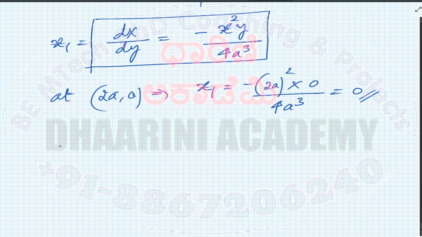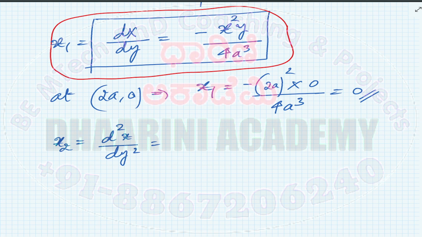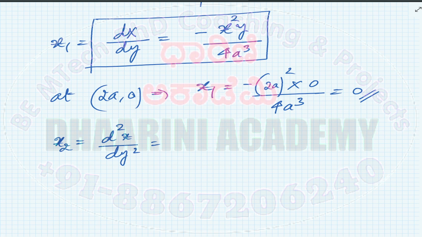So x2 is nothing but d square x by dy square. Which function are you differentiating? Already we have x1 here. This function itself I am going to differentiate now to get d square x by dy square. When you differentiate, there is a constant 1 divided by 4a cube.